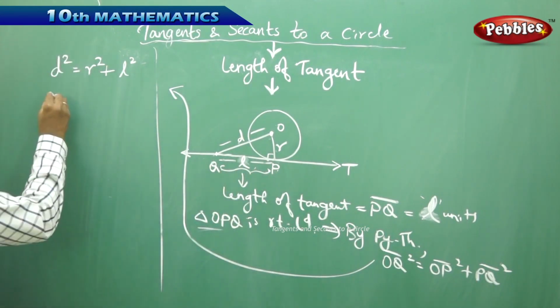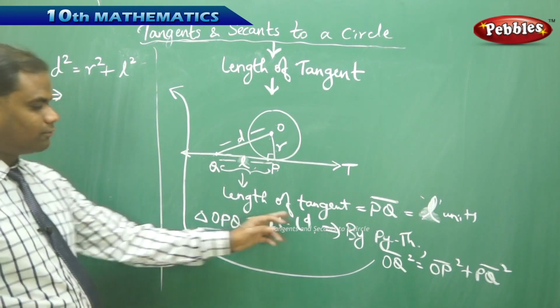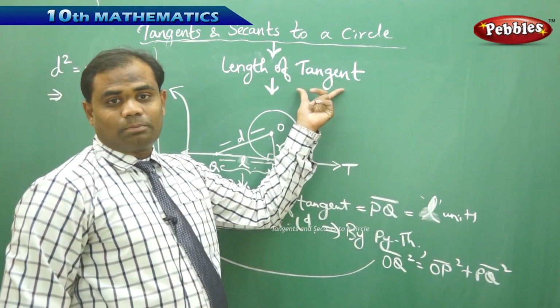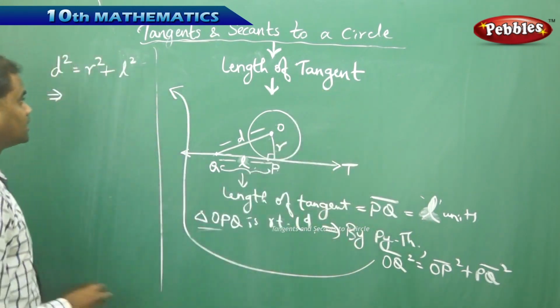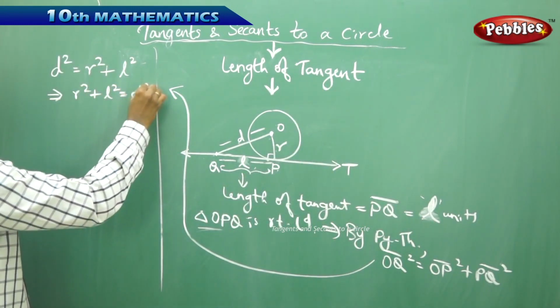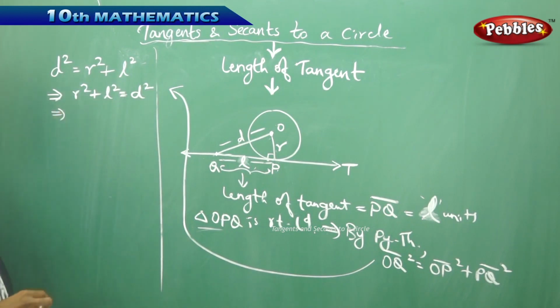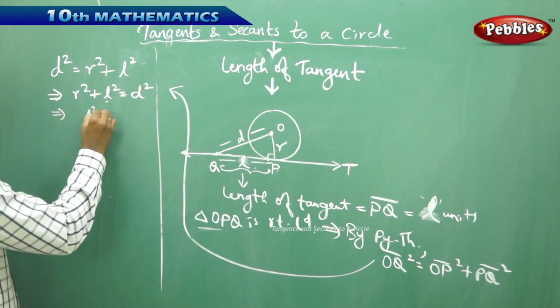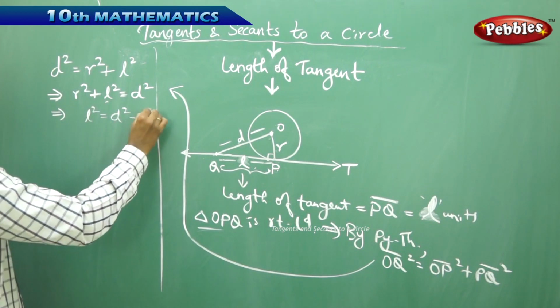Now, because I need to find the length of tangent L, which is the topic of the session, my L square will be D square minus R square.